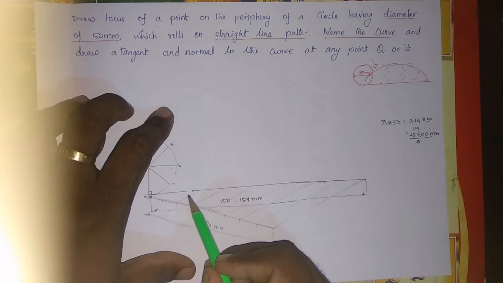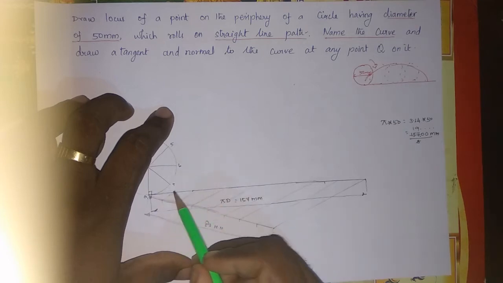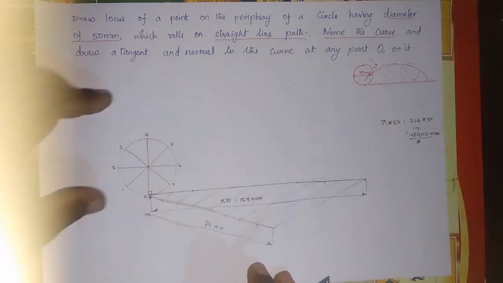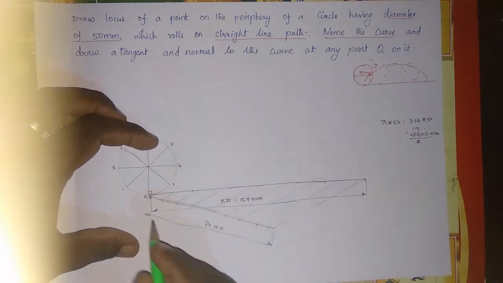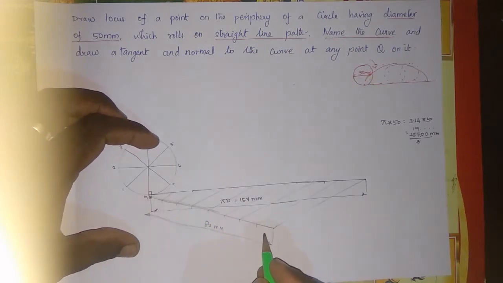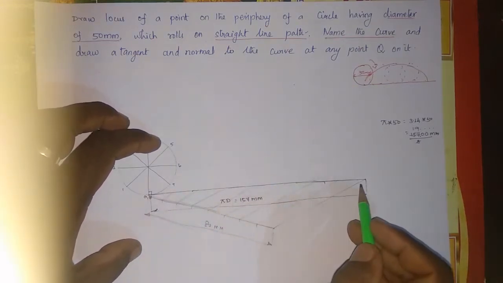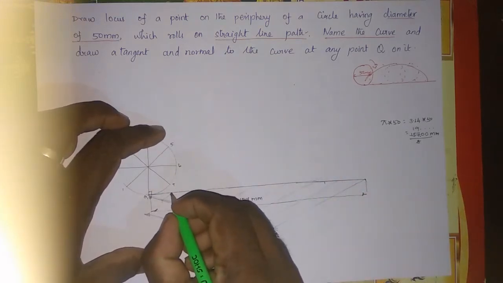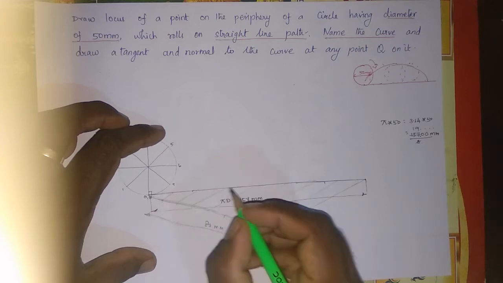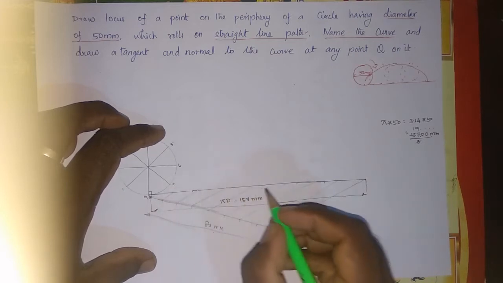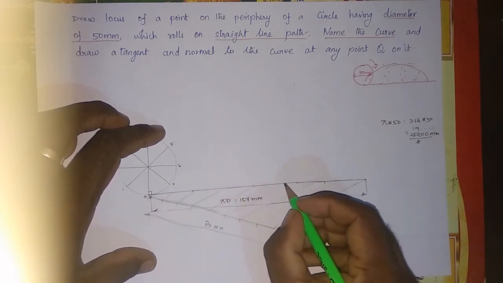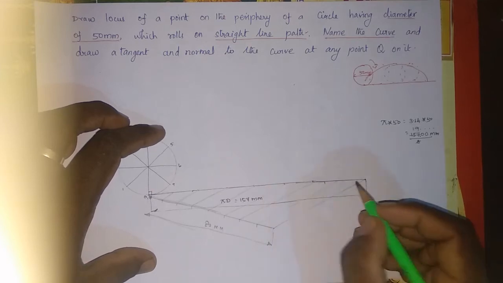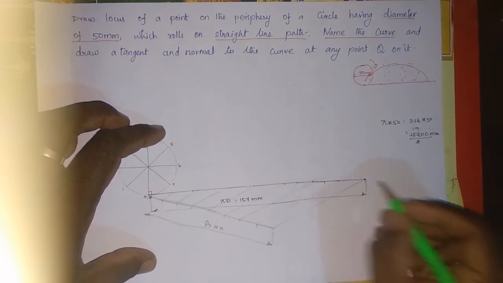Once you set it, you will get fine and equal divisions. Whatever the divisions were here, the same divisions will appear on the straight line. Here we have the points 1, 2, 3, 4, 5, 6, 7 and 8.